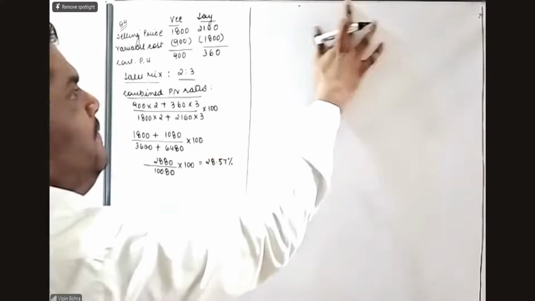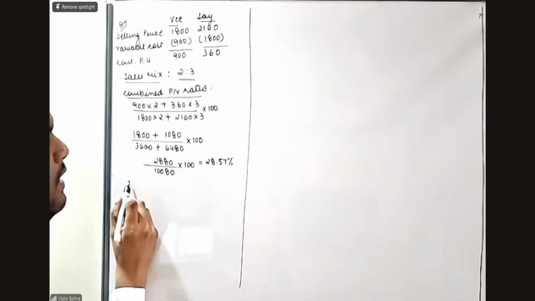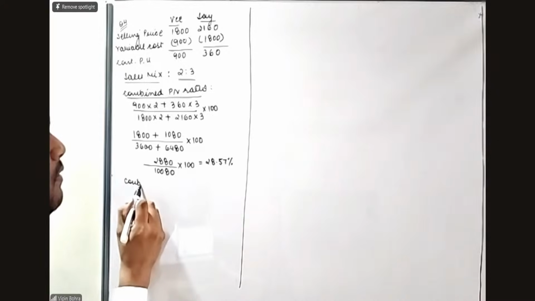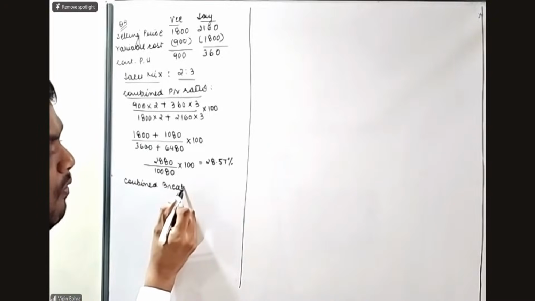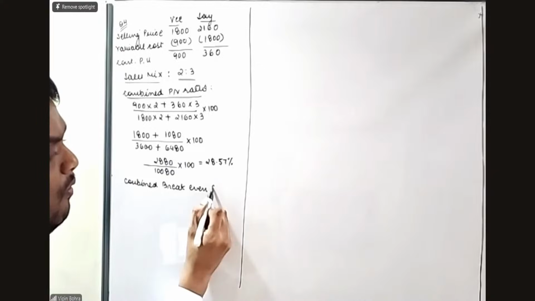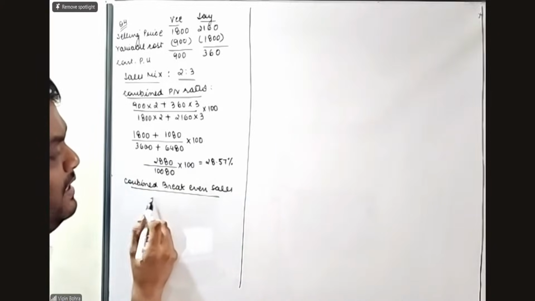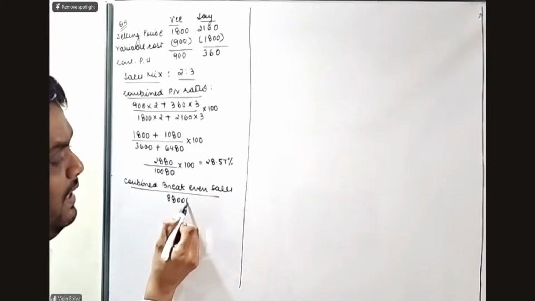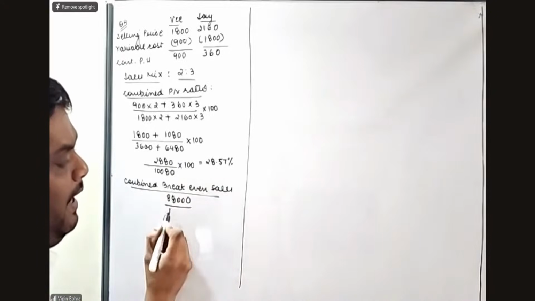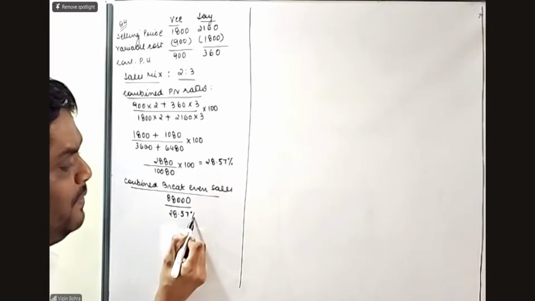So this is basically my combined PV ratio, 28.57. Now we'll calculate the combined break-even sales. That is fixed cost divided by PV ratio. So my fixed cost is 88,000 for the company, and the overall company's PV ratio is 28.57%.